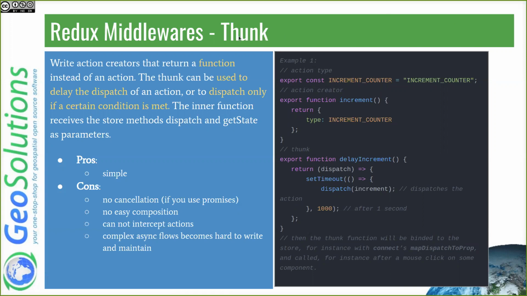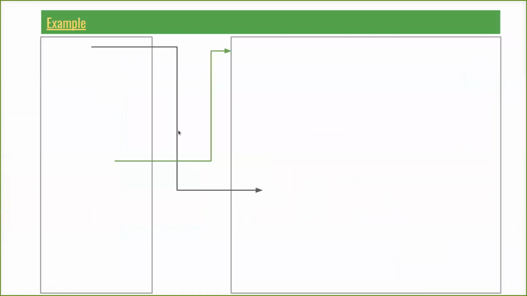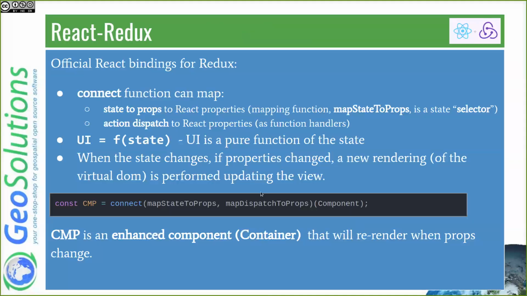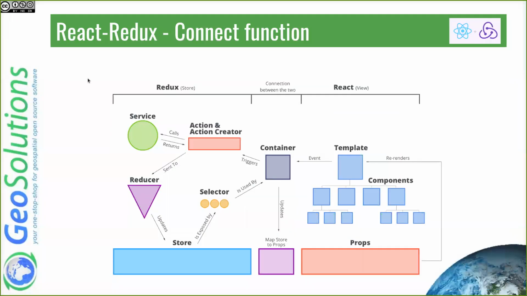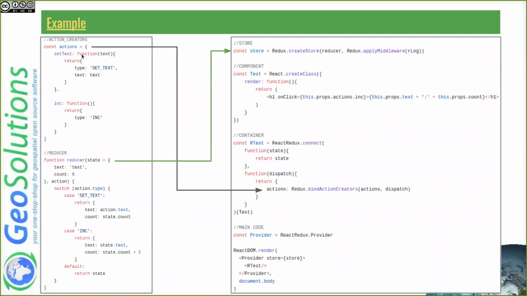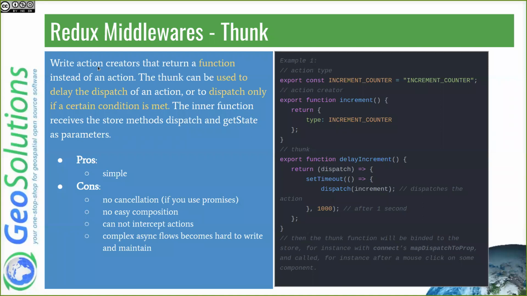I don't know what thunk means, but basically, in this mapDispatchToProps, when you dispatch actions, instead of returning objects, as I said actions are objects, instead of returning an object in action creators, you can return functions.